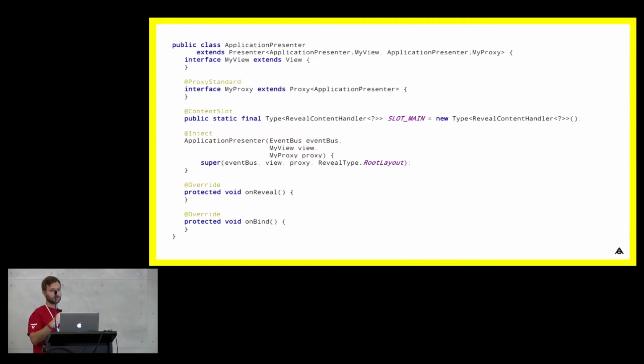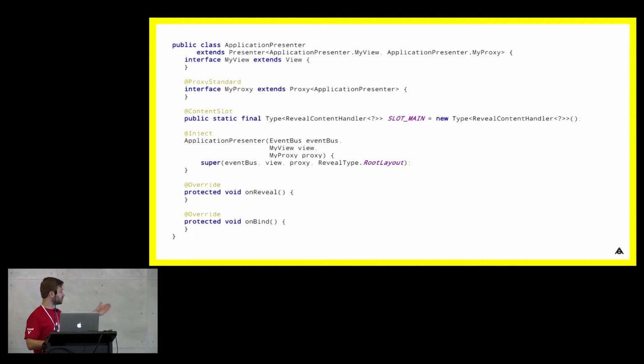So the leaf, which is the page that you want to show, will be inserted into a parent presenter, another one, and so on. Here you see the application presenter. The application presenter is the root of my application. What I will usually insert into the application presenter is a top-level menu and nothing in it aside of that. What I will have is a slot that will contain each page that I want to show to the user.